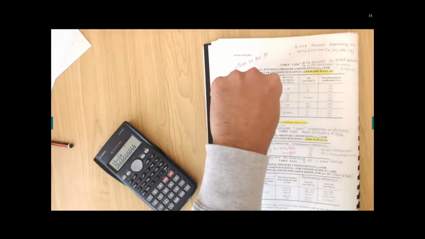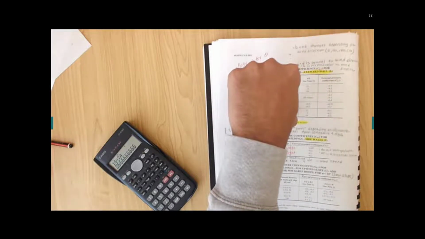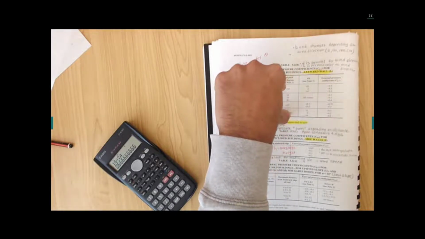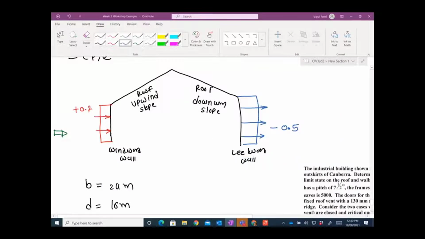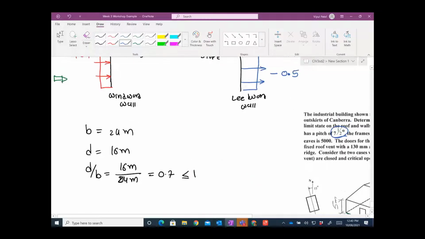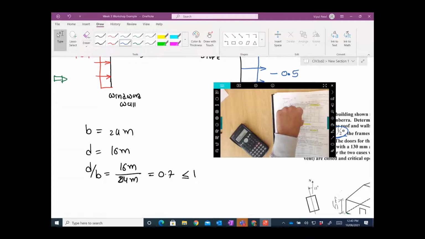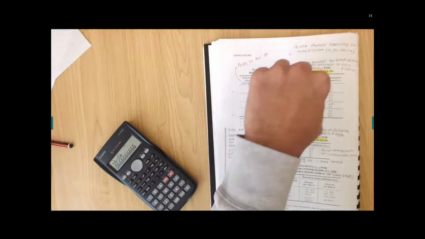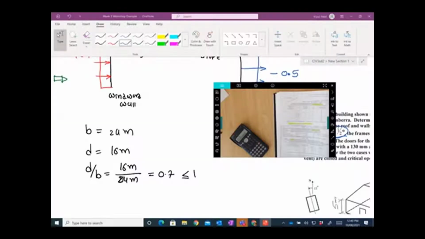You can classify hip roof or gable roof. You can classify what is alpha. Basically alpha is this one, and that is given, say, 1.5. So I hope you know how to do this alpha as well now, and D on B I already explained, and then based on that you can get the CPE value.